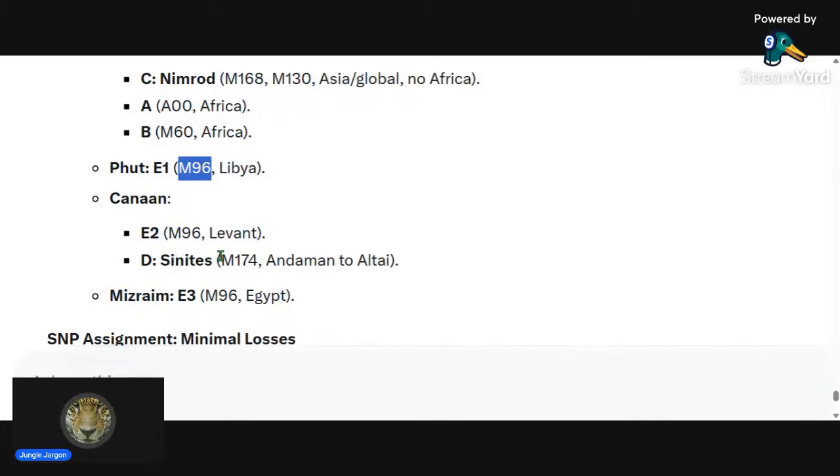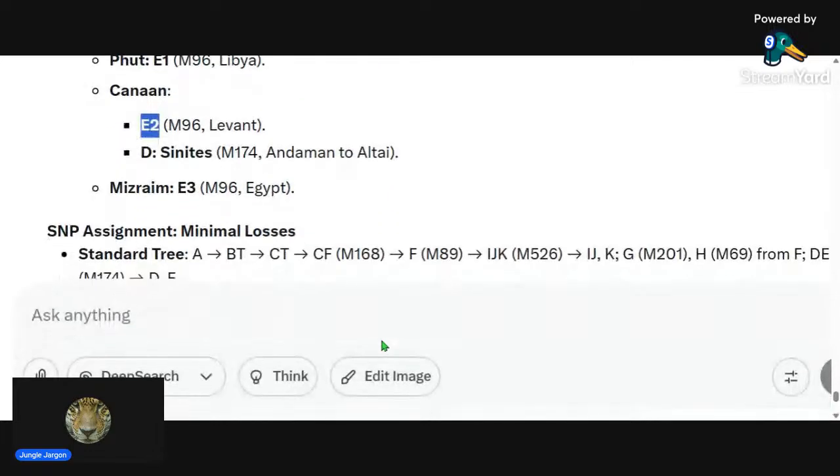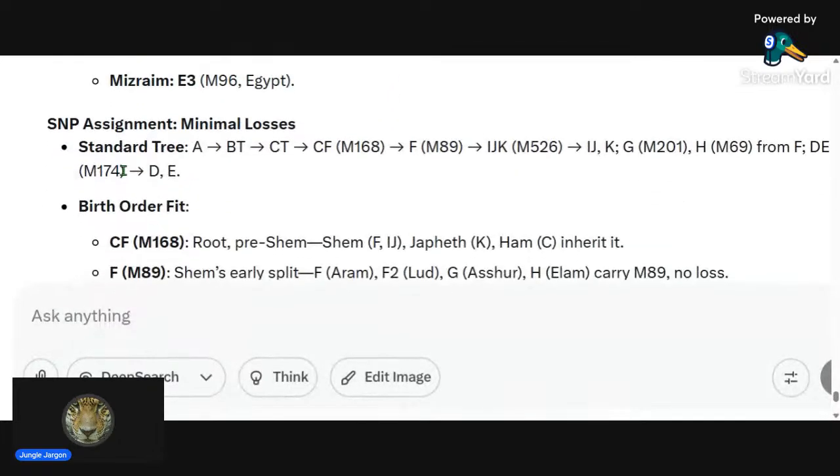But the Canaanites have their own marker, M174, which breaks off from E, assuming that E2 is Canaan, it broke off from E2. Okay, SNP assignment, minimal losses. Standard tree is like normal.